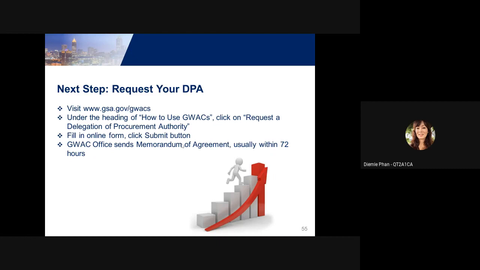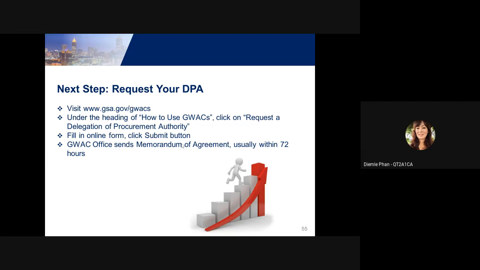Okay, so the next step, now that you're done with the training, is to request your delegation of procurement authority. You go to gsa.gov/GWACs. Under the heading how to use GWACs, you click on request a delegation of procurement authority. Fill in the online form and click the submit button. Within 72 hours, you will get that memorandum of agreement.